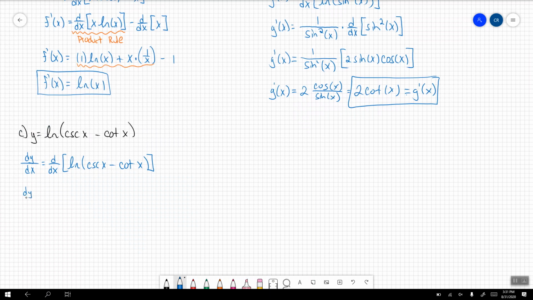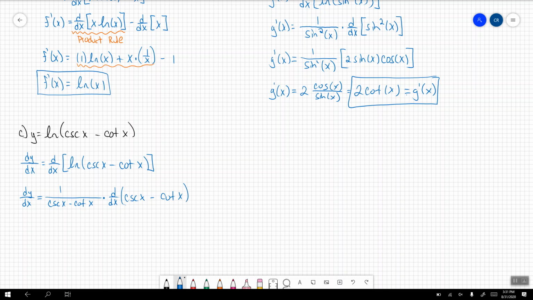So here again we have dy dx is equal to 1 over the argument of the natural log, which is just cosecant of x minus cotangent of x, and then this is going to be multiplied by the derivative of that argument, so the derivative of cosecant of x minus cotangent of x.